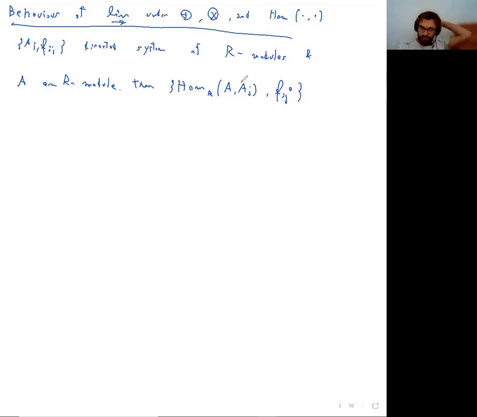You know that if you have a map from A_i to A_j, the corresponding map after you apply the homomorphism is just post-composing. And this is also a directed system of R modules.